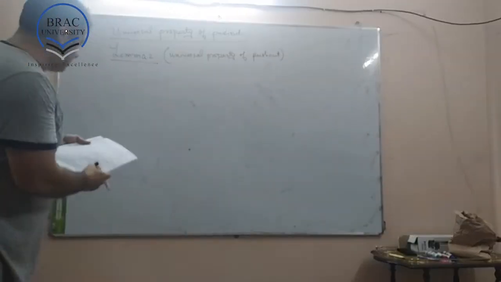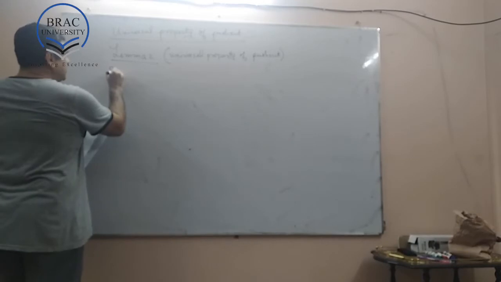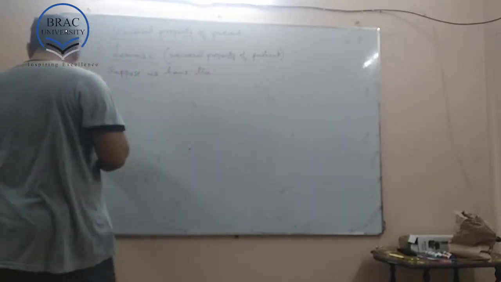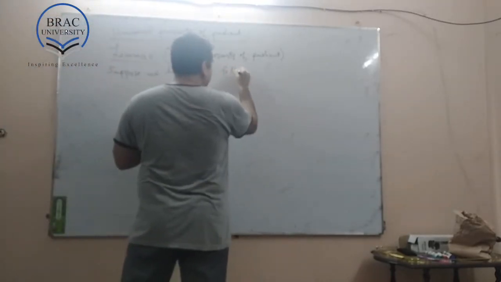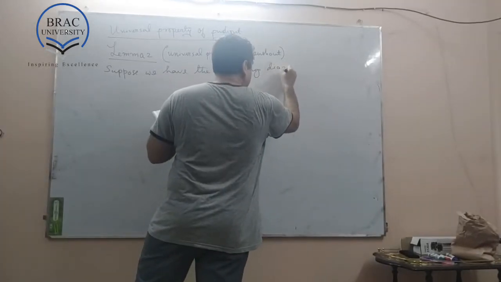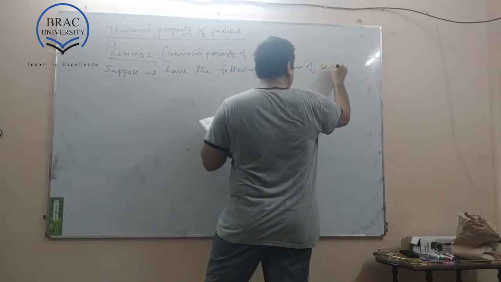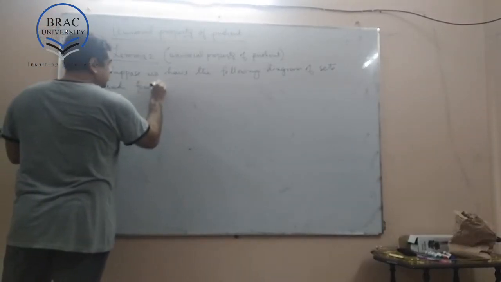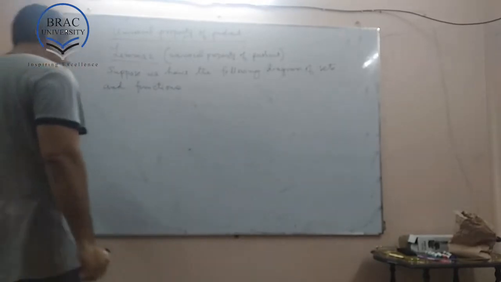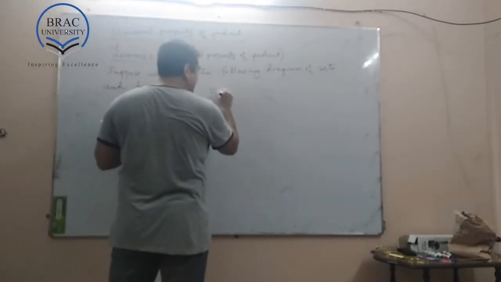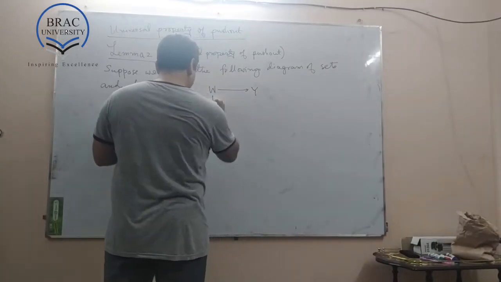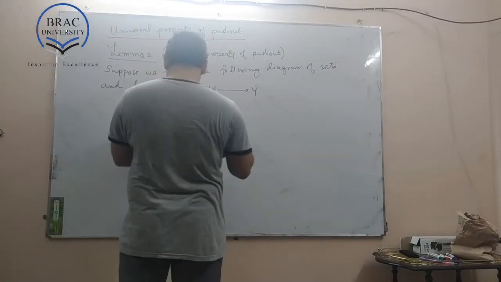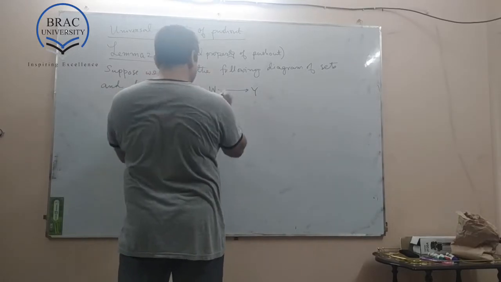Suppose we have the following diagram of sets and functions, which we already discussed earlier, from W to Y and from W to X. I just changed the places of X and Y here.